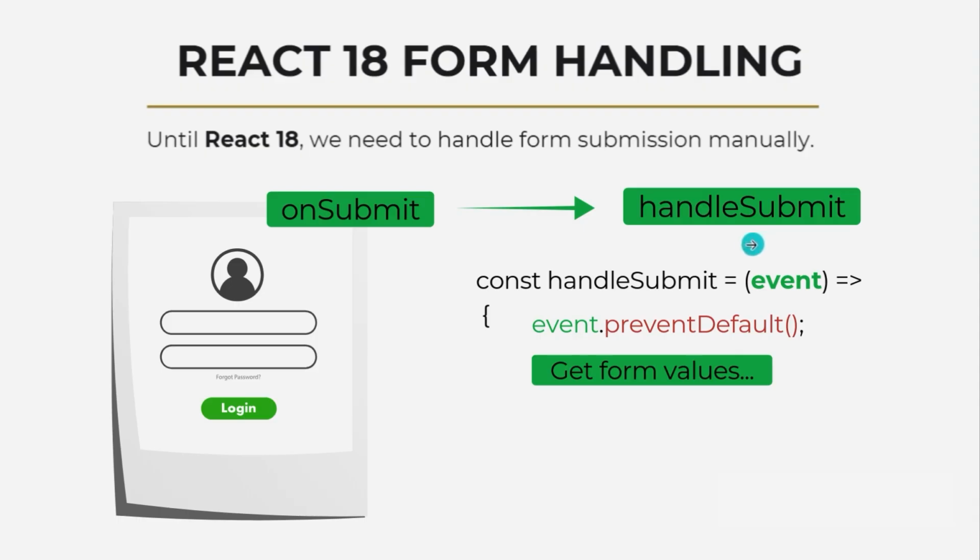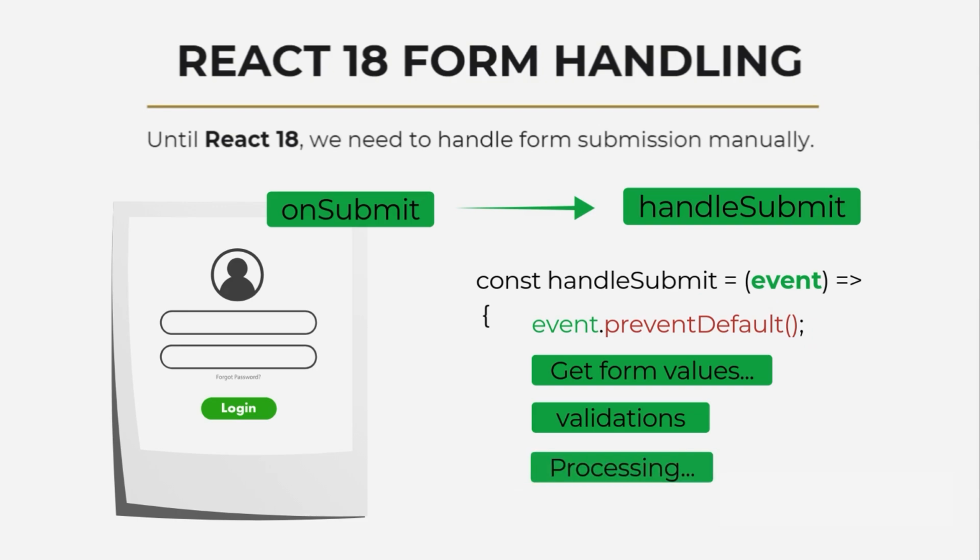Once we get the form data, we will validate that and then use that data for further processing. And this is how we handled forms until React 18. Now let's understand how exactly we handle forms in React 18 with the help of one simple example.